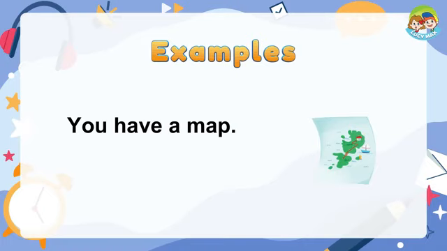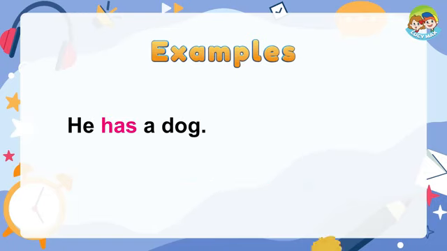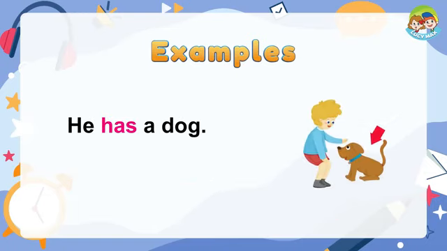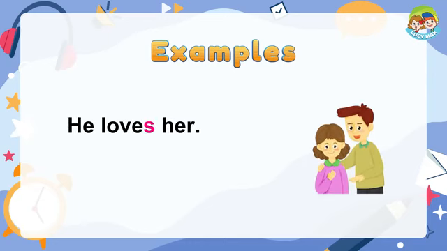The question becomes, do you have a map? He has a dog. The question becomes, does he have a dog? He loves her. The question is, does he love her?